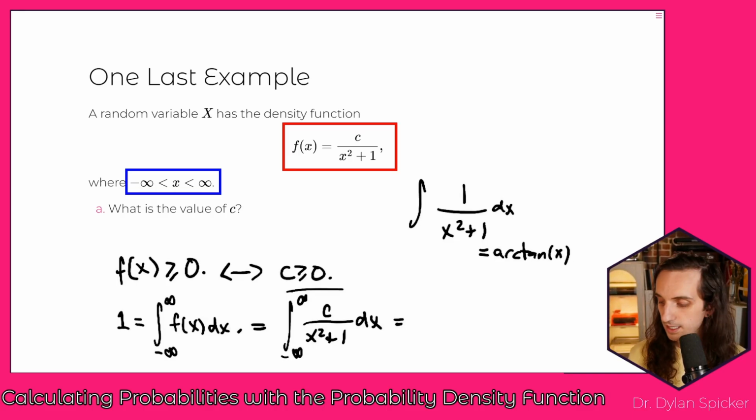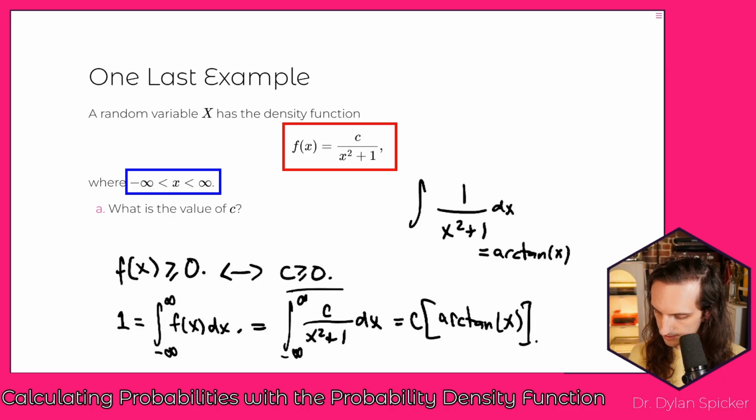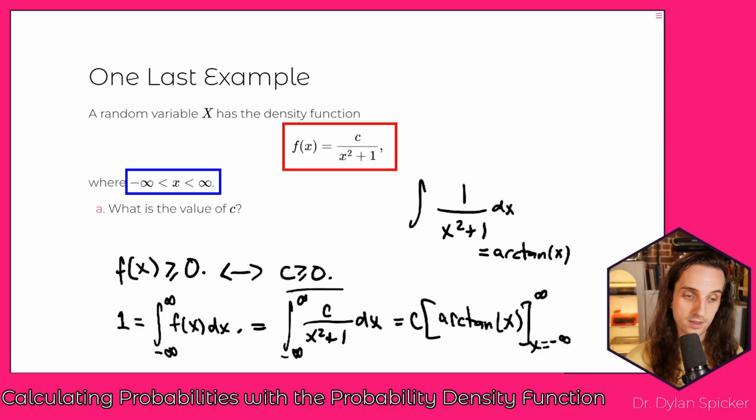Okay, and so if we have the integral here, then this is going to be equal to c times the arctan function, evaluated at x equal to negative infinity and x equal to positive infinity.